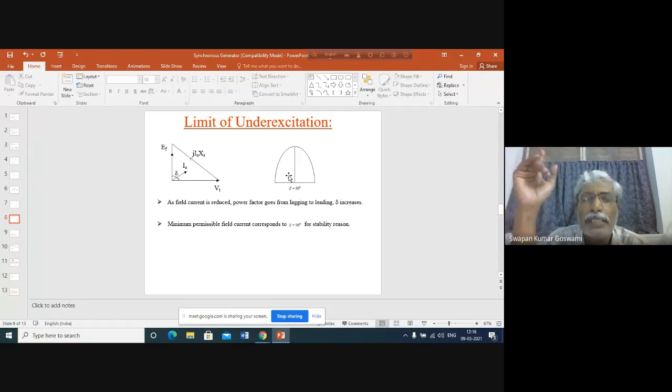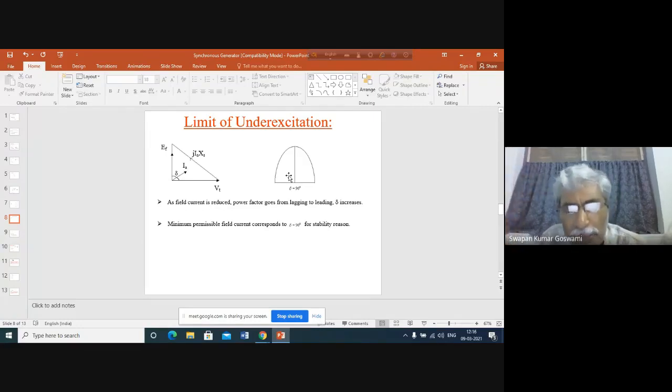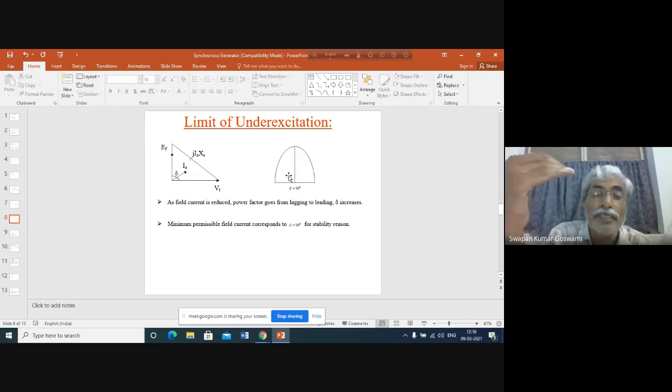Obviously it is the steady state stability of the synchronous generator that will decide, and delta value for that is maximum permissible limit 90 degree. Since this permissible value of delta is 90 degree, it is decided by the steady state stability limit. We say that limit of under excitation is decided by the steady state stability of the generator.